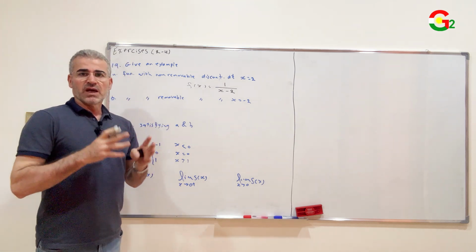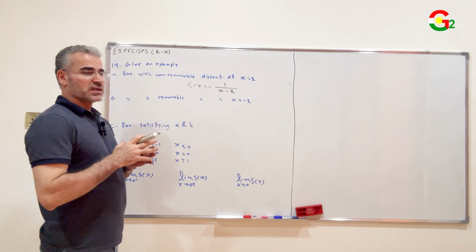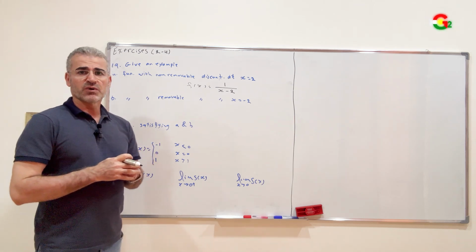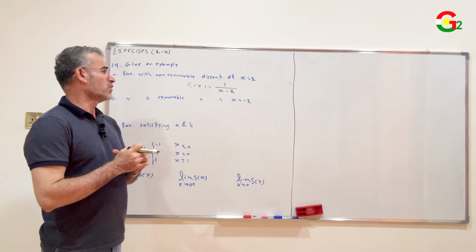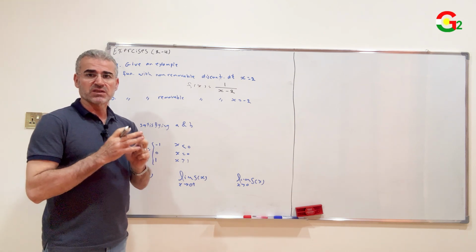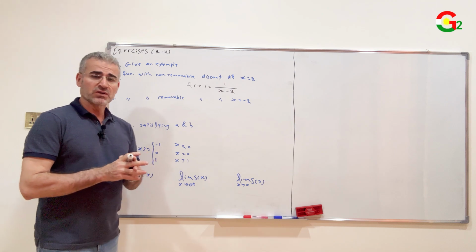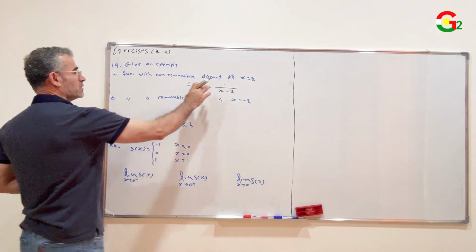If the function has a limit when x approaches a discontinuous point, then this point of discontinuity is removable. If the function has no limit when x approaches the point of discontinuity, then this point is non-removable.